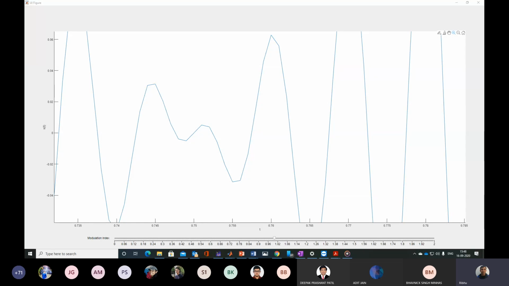But here, the factor multiplying cos 2 pi fct can be both positive as well as negative. Because of that, whenever there's a zero crossing, the phase of the carrier changes. That's why there's this abrupt phase change. Okay, sir. Great. So let's switch back to the board.